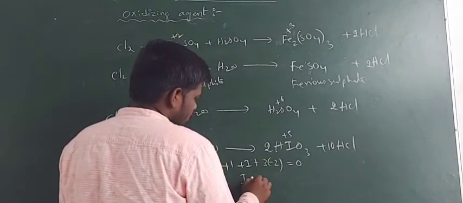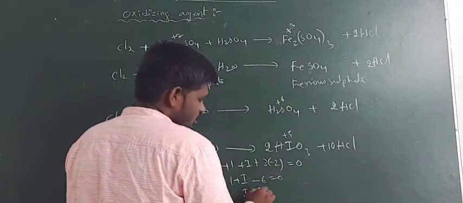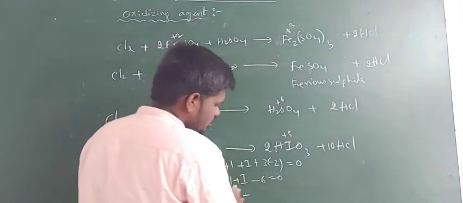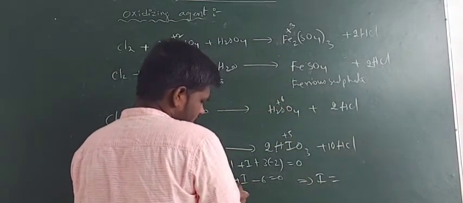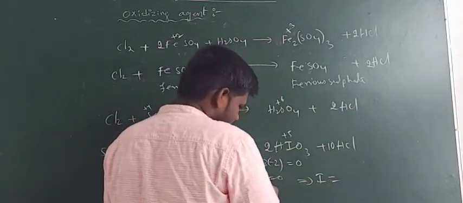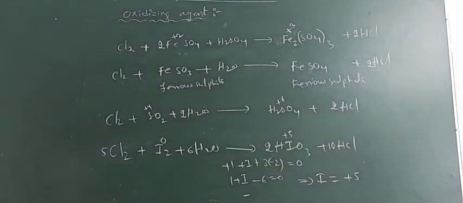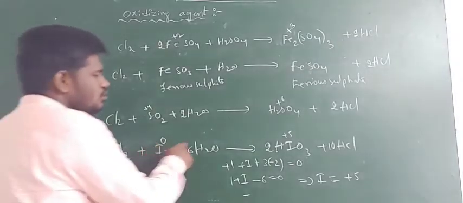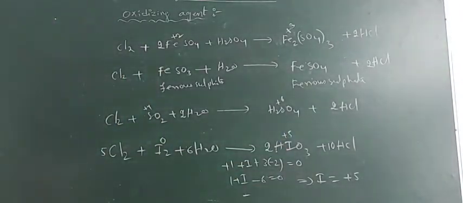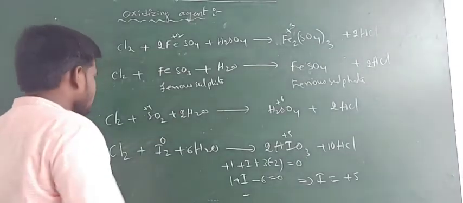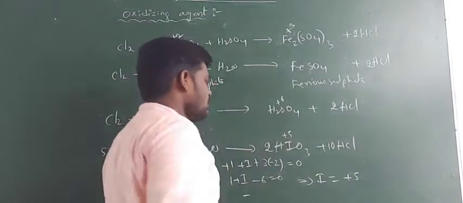So 1 plus I and -6 equals 0, so I equals +5. Iodine's oxidation state changes from 0 to +5. An increase in oxidation state indicates an oxidation process. In the presence of chlorine, iodine undergoes oxidation and gives us iodic acid.